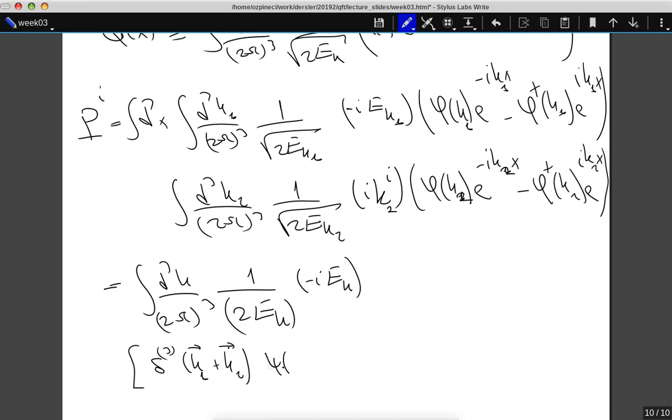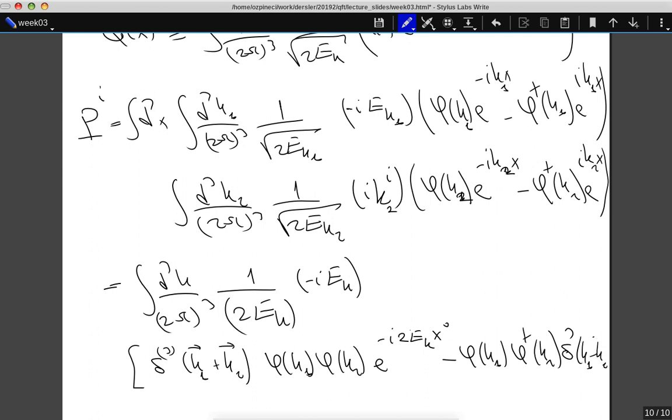So I have phi of K1, phi of K2, and e to power minus I 2 ek x0. I just evaluated the remaining x integrals. Then I have minus phi of K1, phi dagger of K2, Dirac delta cube, K1 minus K2.